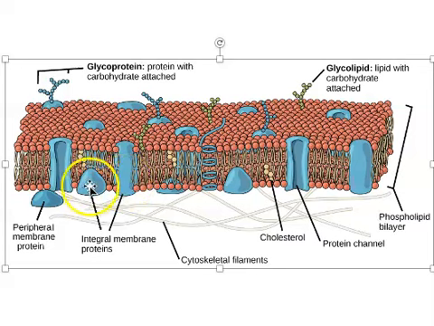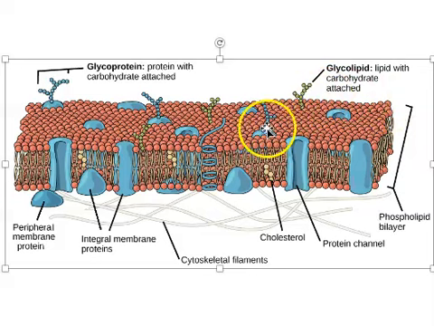So integral membrane proteins, transmembrane proteins, and peripheral proteins. Notice that the artist has drawn these proteins with different sizes and different shapes. Every protein has a unique three-dimensional shape that gives it its own identity, its own unique function.